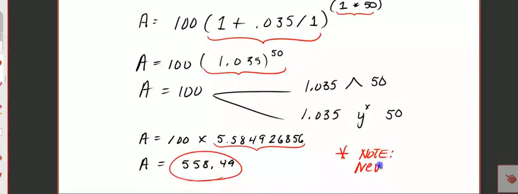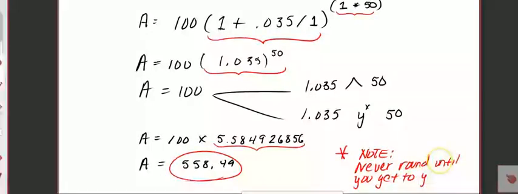So I guess that is the goal. Never round until you get to your final answer. Does that make sense?